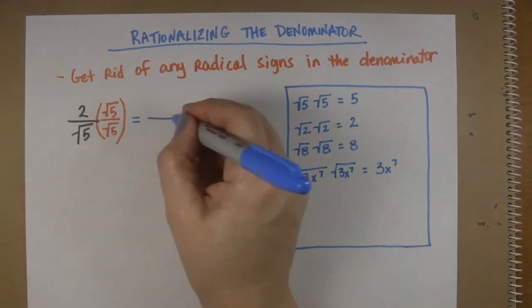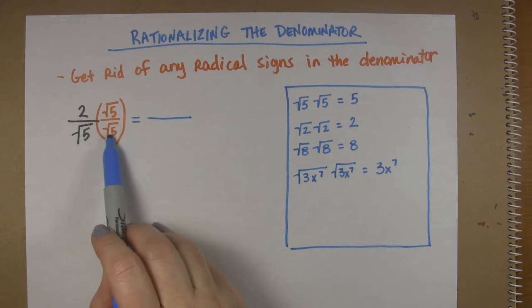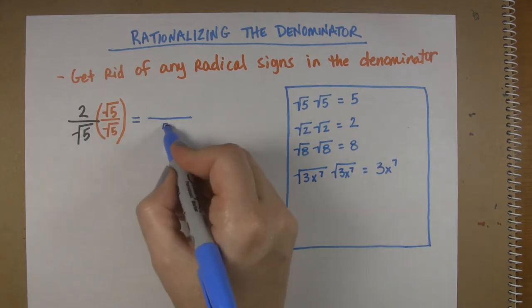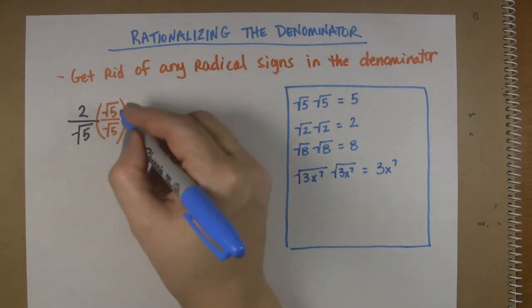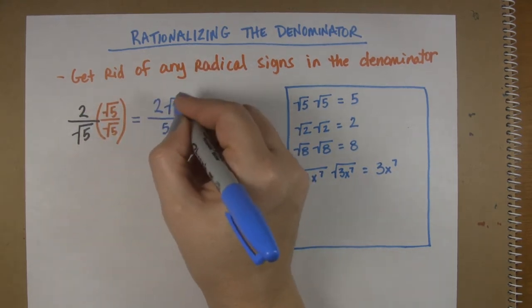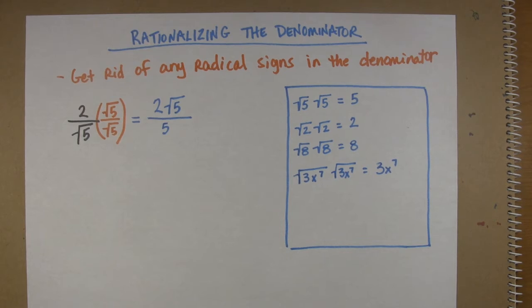So in the bottom of this fraction, I have radical 5 times radical 5, which gives me 5, just like over here. And on top, I have 2 times radical 5, which is just written like that, 2 with a radical 5 right next to it. This is the rationalized version of this.